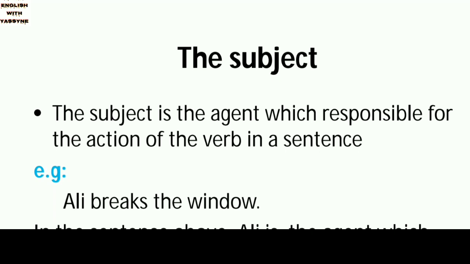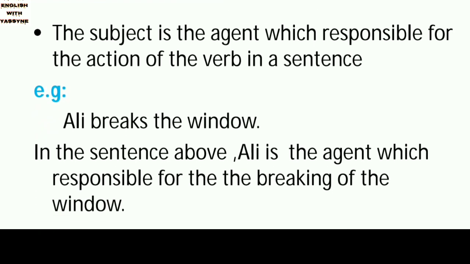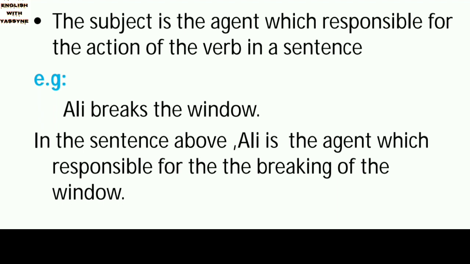The subject is the agent which is responsible for the action of the verb in a sentence. For example, Ali breaks the window. Ali is the agent who is responsible for the breaking of the window. So Ali is the person who does the action in the sentence.